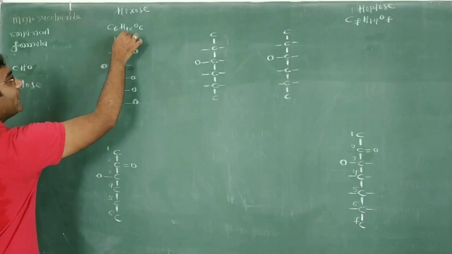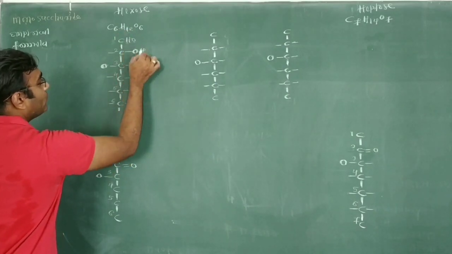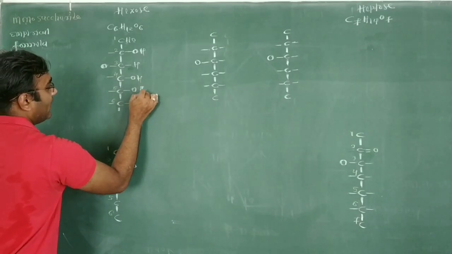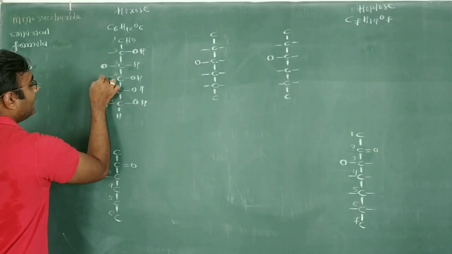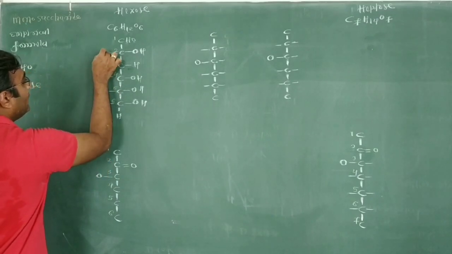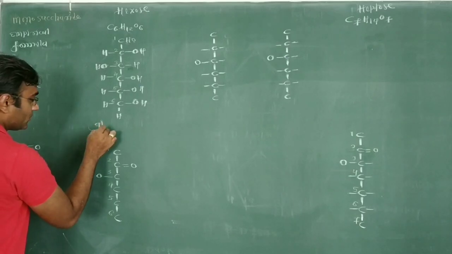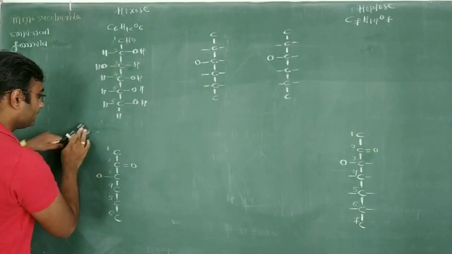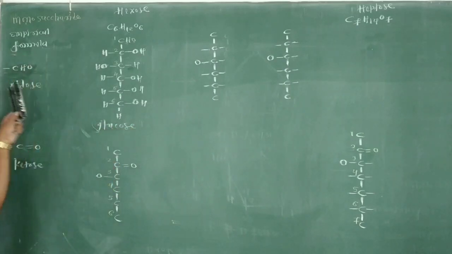Already one hydrogen is arranged, 11 left. 1, 2, 3, 4, 5, 6, 7, 8, 9, 10, 11 and 12. This is the biochemical structure of glucose. Glucose is the example of the aldohexose type of sugar.